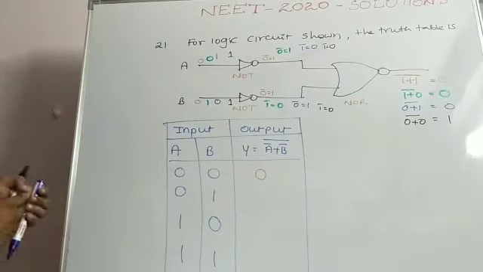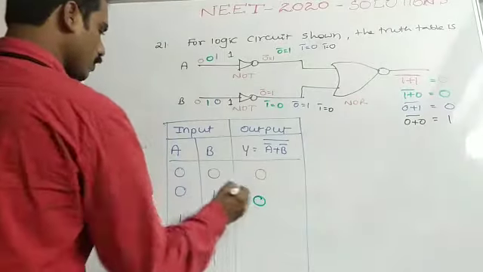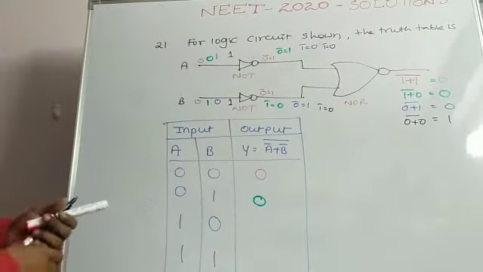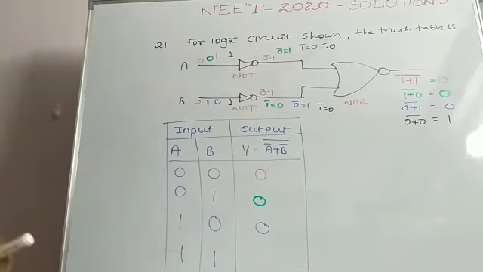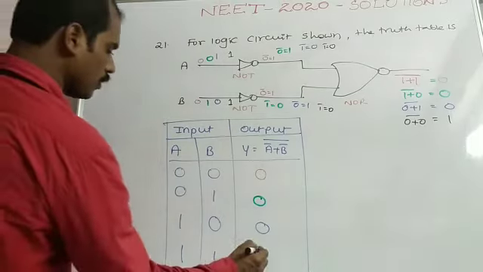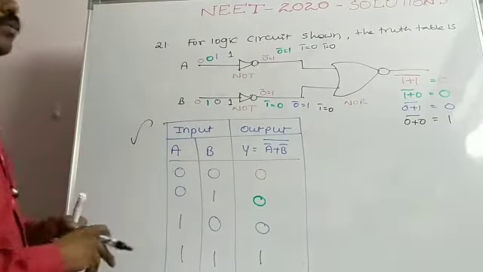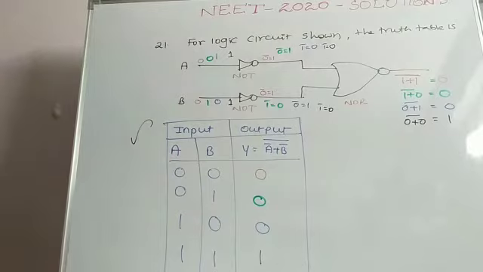So 0, 0, third one 0, fourth expression 1. So this is the table we have to select from the given options. Okay. Next.